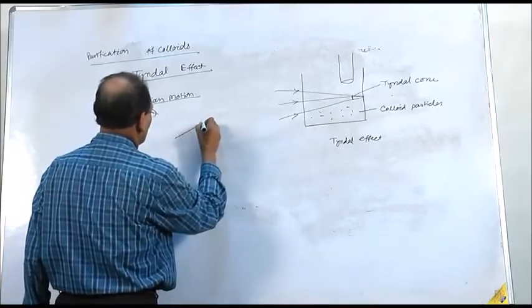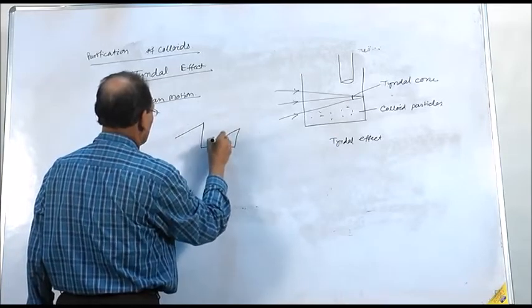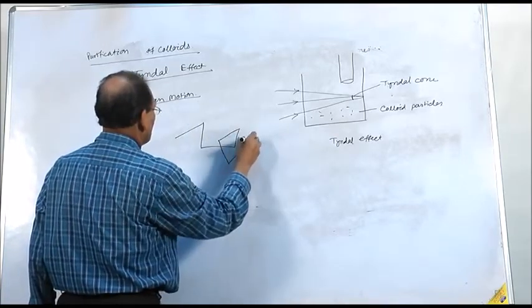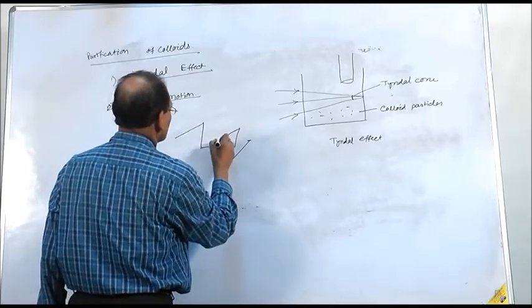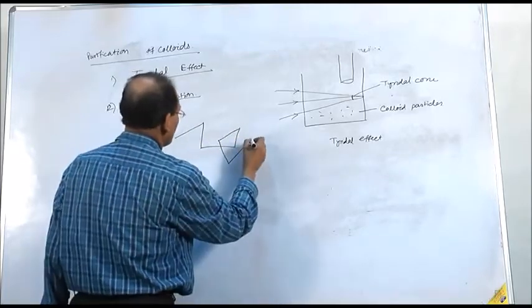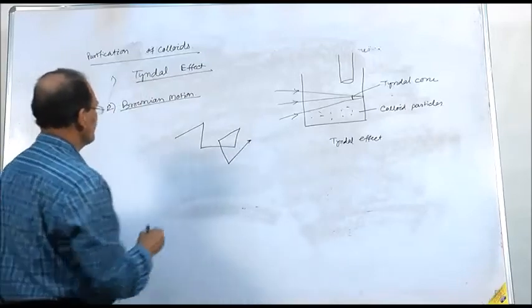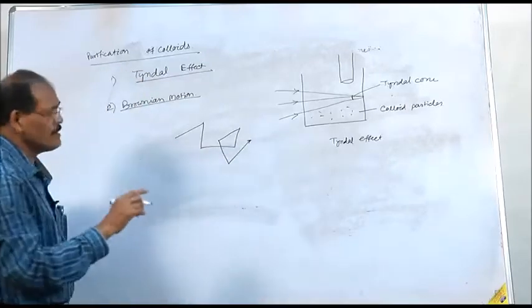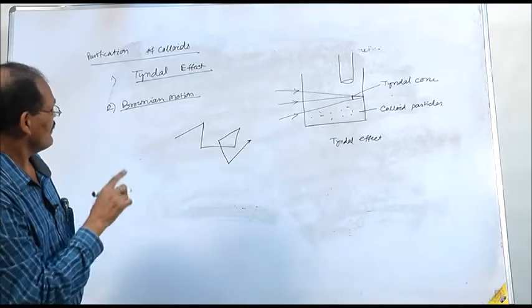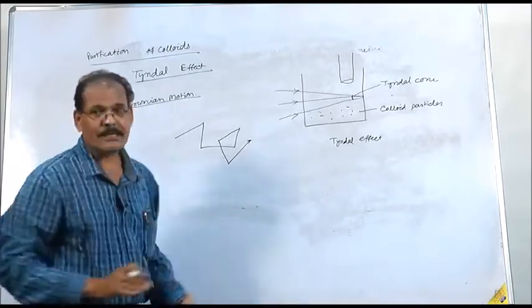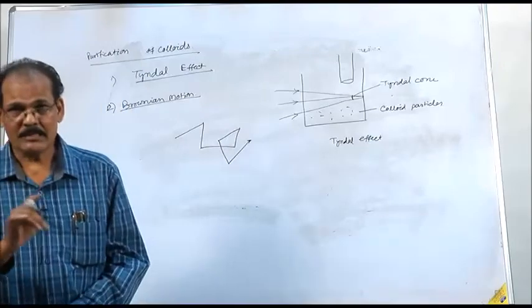Suppose it is like this. The particles will move inside the solution in a zigzag path, which is known as Brownian motion, and the movement is in a straight line direction unless it collides with another molecule.